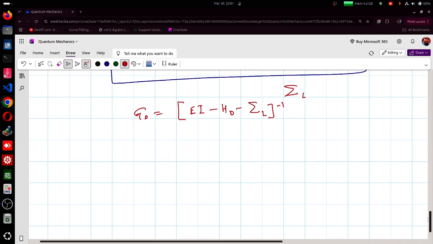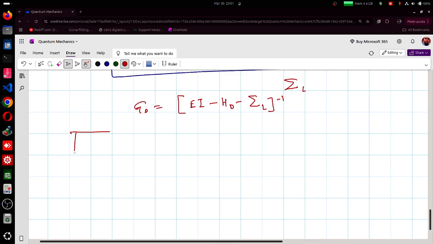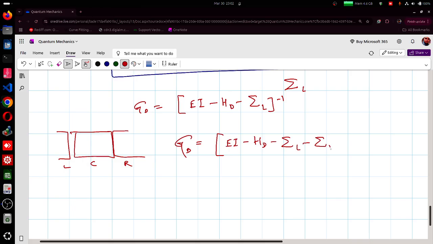Now if we consider the case that we mentioned earlier, where it is connected to two leads, left and right, and this is the conductor, here the GD will be (E minus HD minus sigma L minus sigma R) inverse, right?